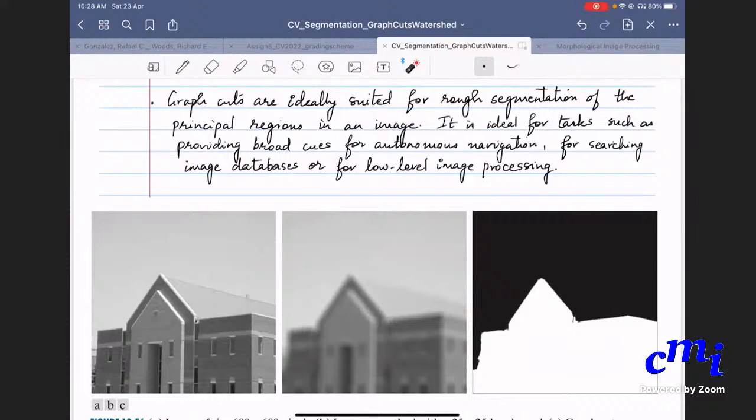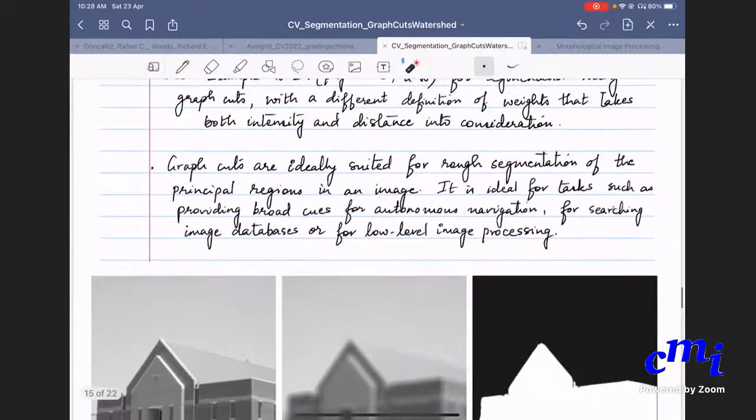For example, in autonomous navigation, or if you want to search image databases and you want a quick segregation of images, then graph cuts are useful. But if you want finer level segmentation, then one does not go for graph cuts.